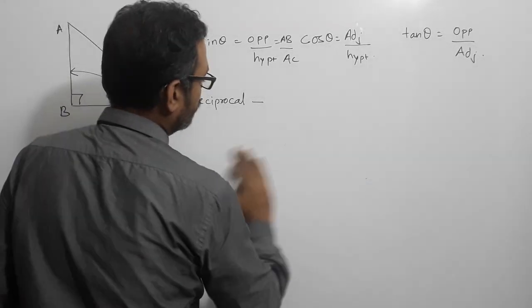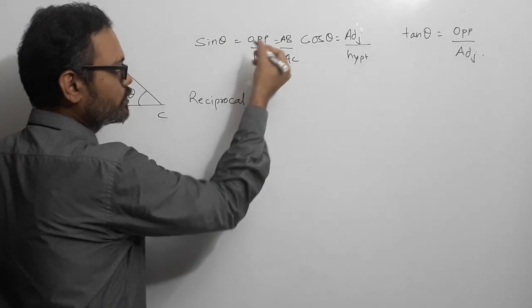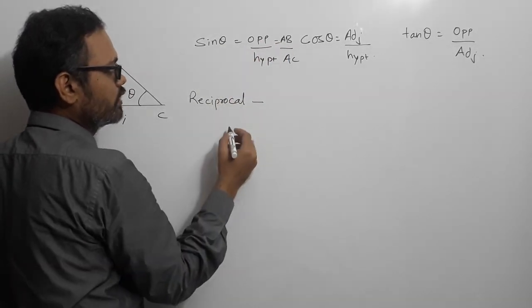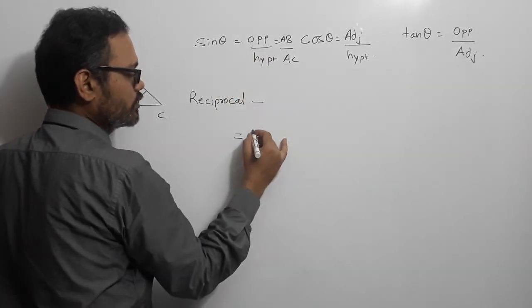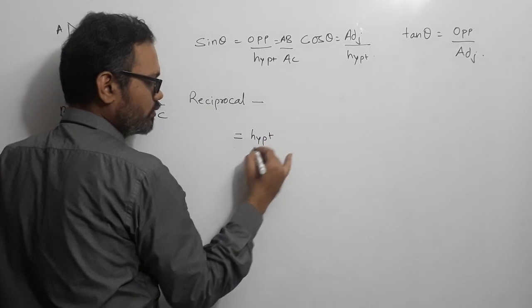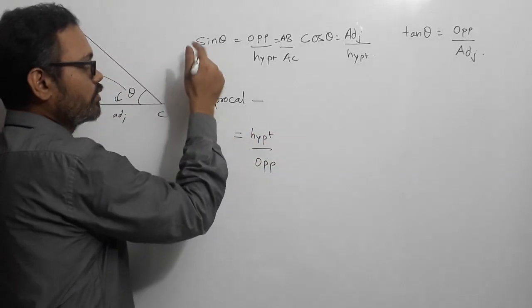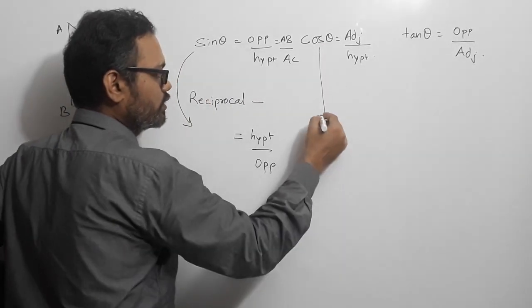So what is the reciprocal of sin theta? If sin theta is opposite upon hypotenuse, what will be its reciprocal? Reciprocal of sin theta will be hypotenuse upon opposite. What will be the reciprocal of cos theta?